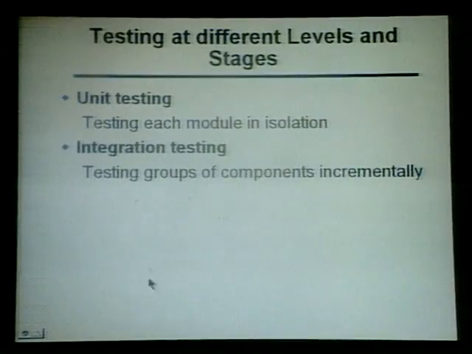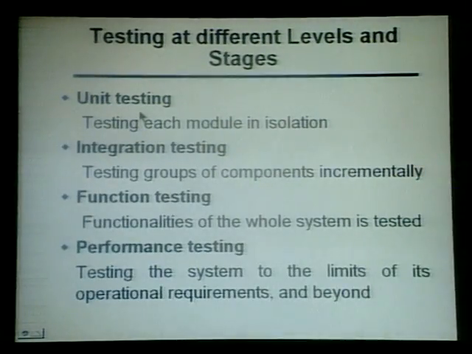The dynamic testing of a system can be done at various stages and levels where you are developing the system. For example, we can do unit testing, where each module which we develop is tested in isolation, independently from the other modules, to make sure that each module developed by us works as per requirement.